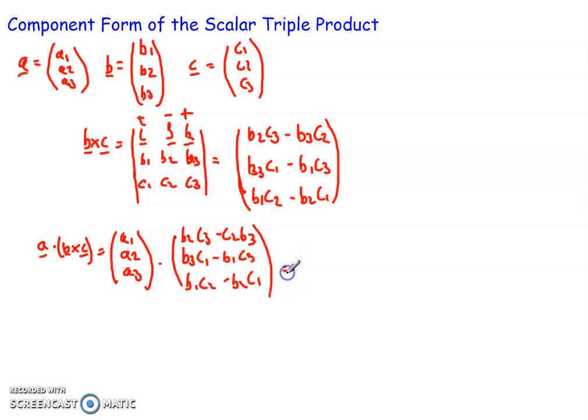If we were to do that, we'd just multiply corresponding components together. So what I'd end up getting is A1 times the first element, so A1 times B2 C3 minus C2 B3.